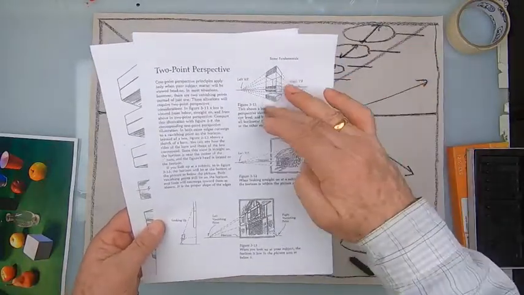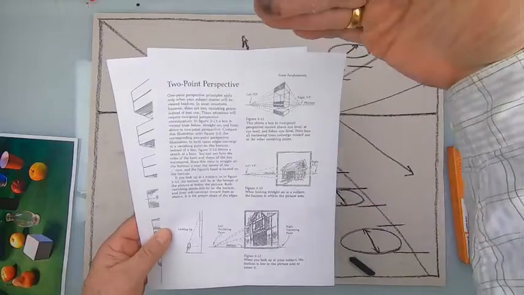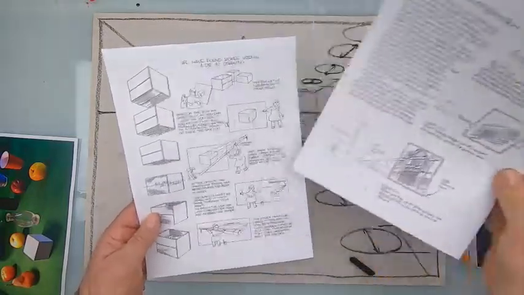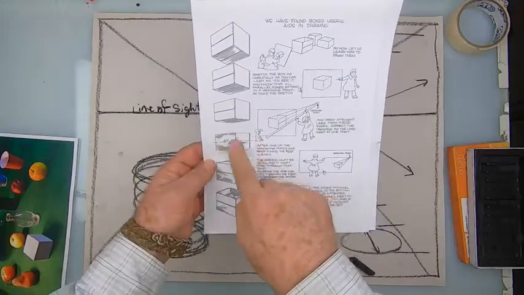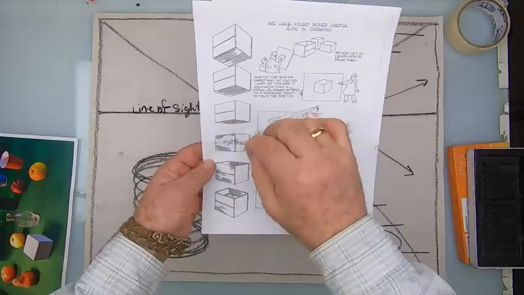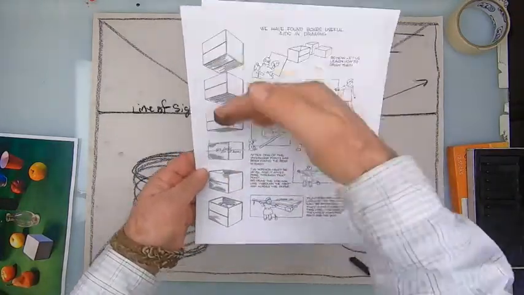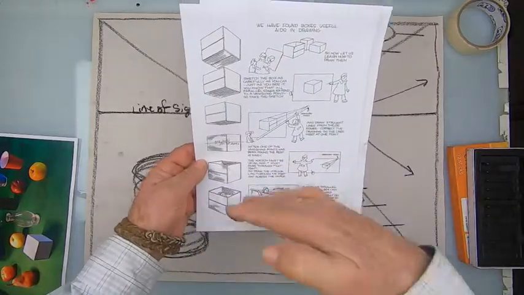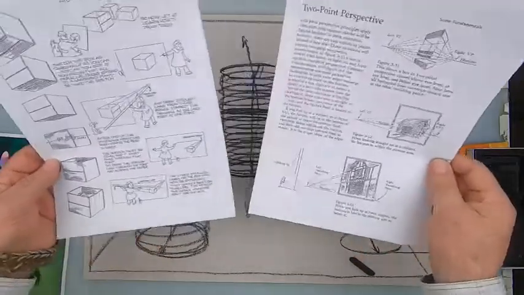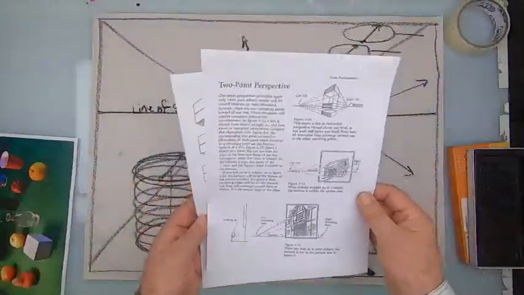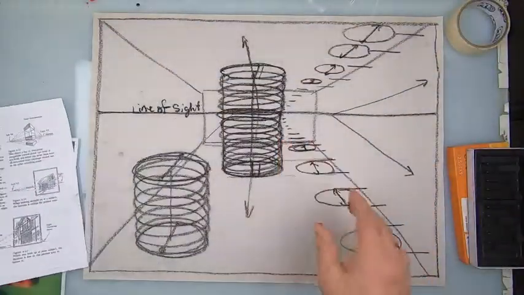And you can see how objects above, you're looking underneath them, below, you're looking above them. Same thing here, that's the line of sight, eye level. Everything's flat, and as you look above, things open up, and below, they open up, and you're looking down at things. So you have to get familiar with that material that we've covered here.